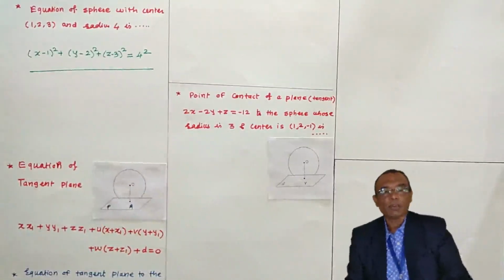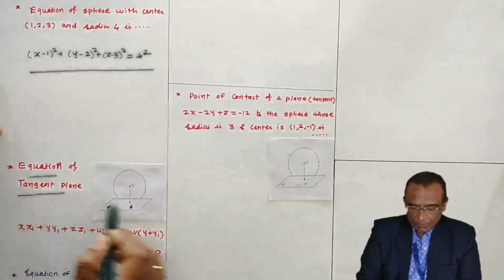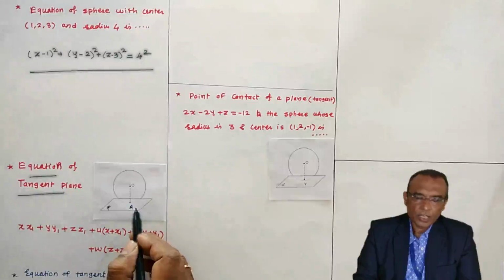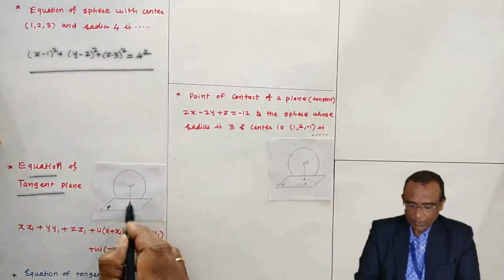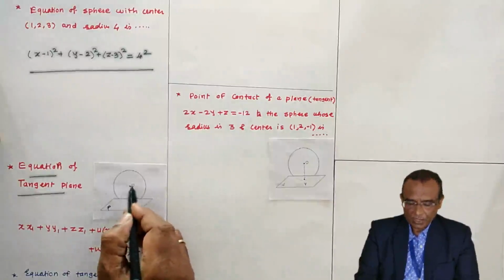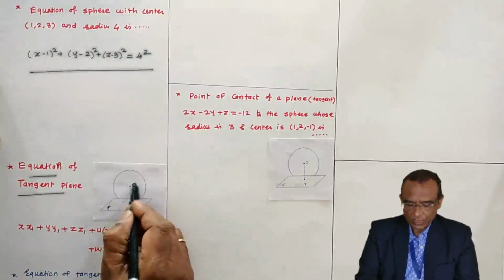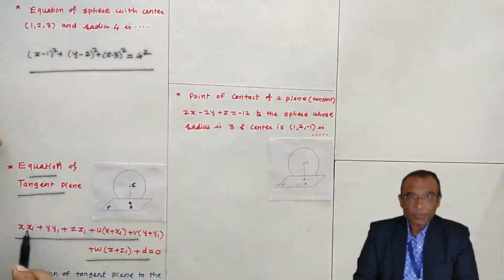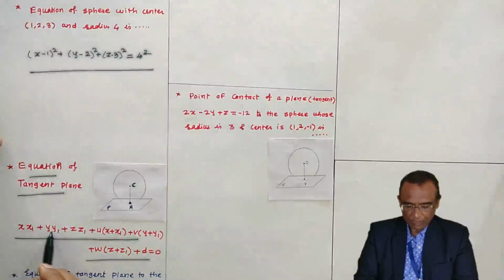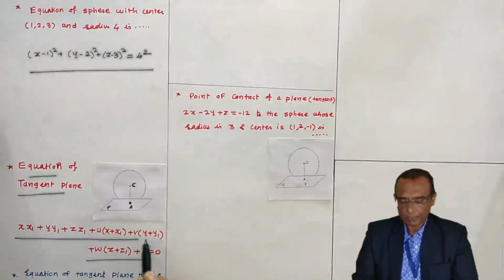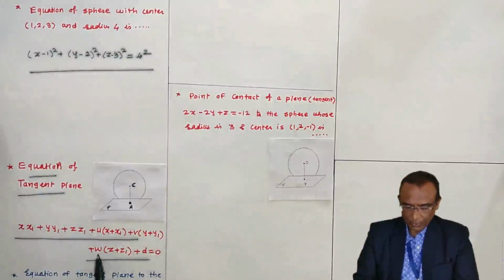So the next point is the equation of the tangent plane. The tangent plane is that plane which touches the sphere at a single point. At point A, this plane is going to touch this sphere. This is the center of the sphere, I am calling it C, and P is any point on the plane. What is the equation of the plane? x x1 plus y y1 plus z z1 plus u times x plus x1, plus v times y plus y1, plus w times z plus z1, plus d equals 0.